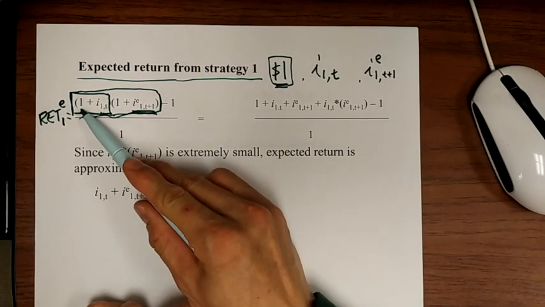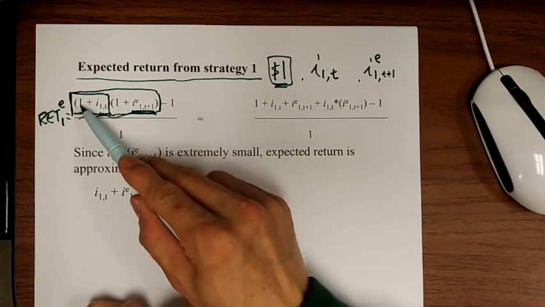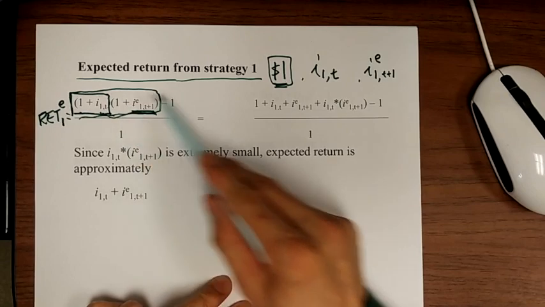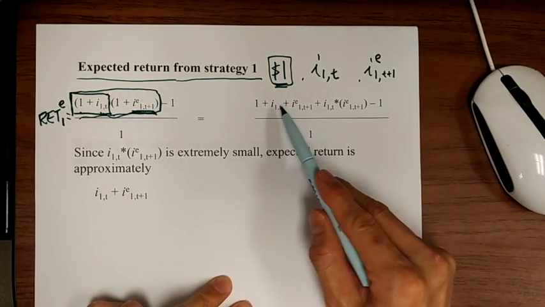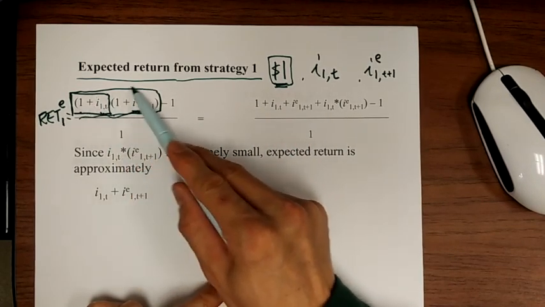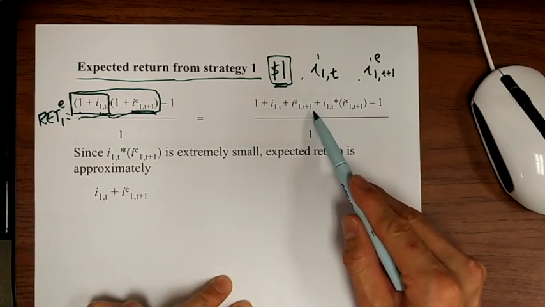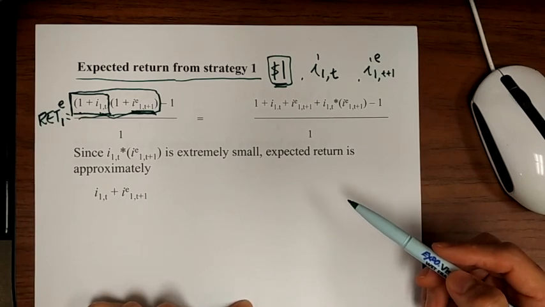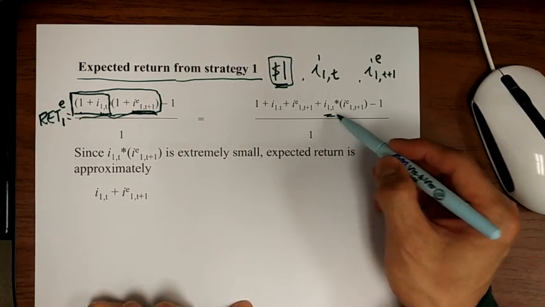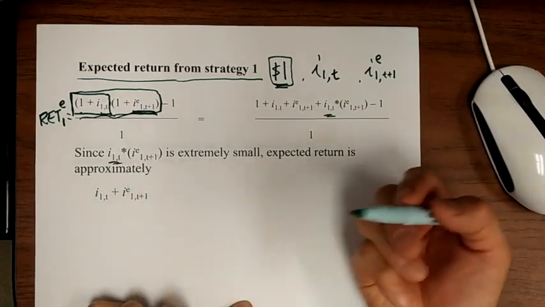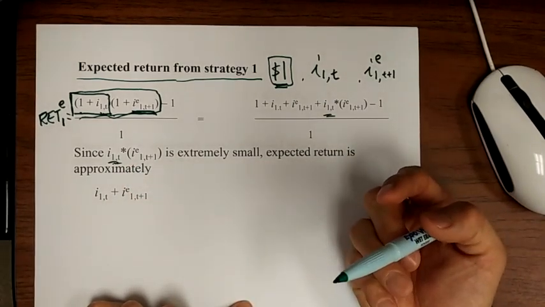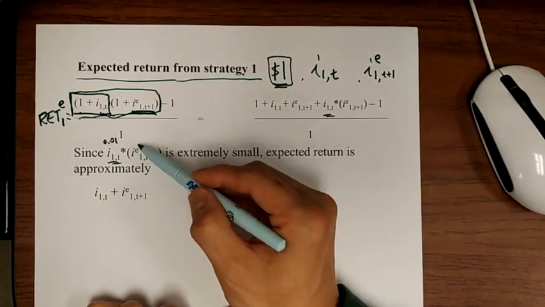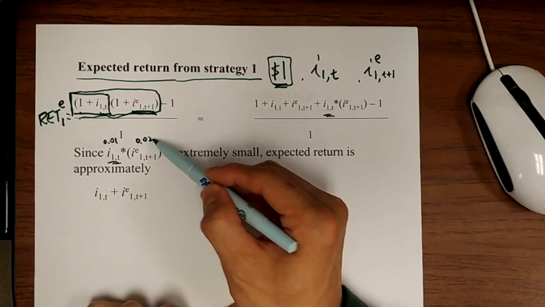If you multiply it out, using the distribution rule, this is what you get: 1 plus i1t, plus 1 times i1t^e plus 1, plus this multiplied by this. Interest rates are usually like 3% or 2% or 1%. So if this is 1%, that would be 0.01, and this one, say for example, is 0.02.